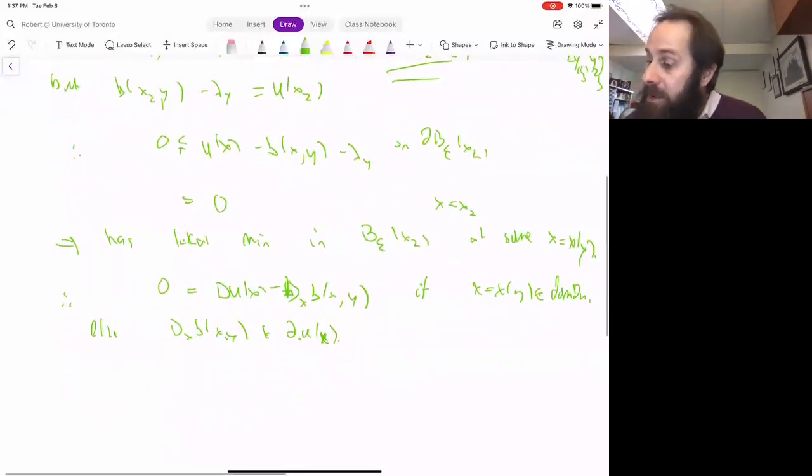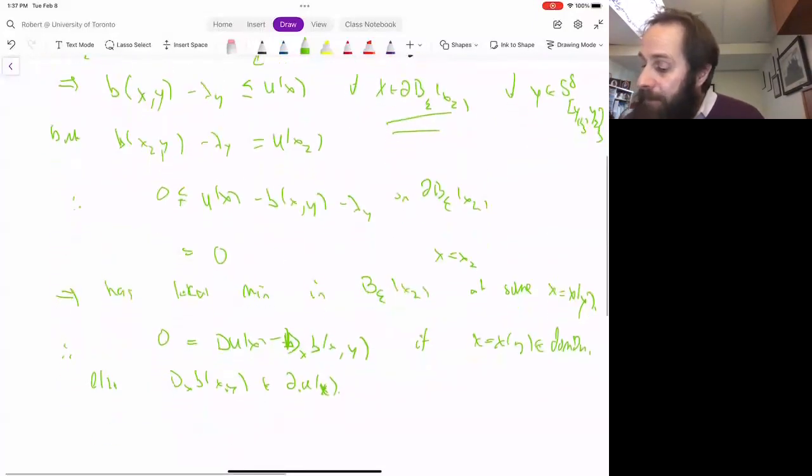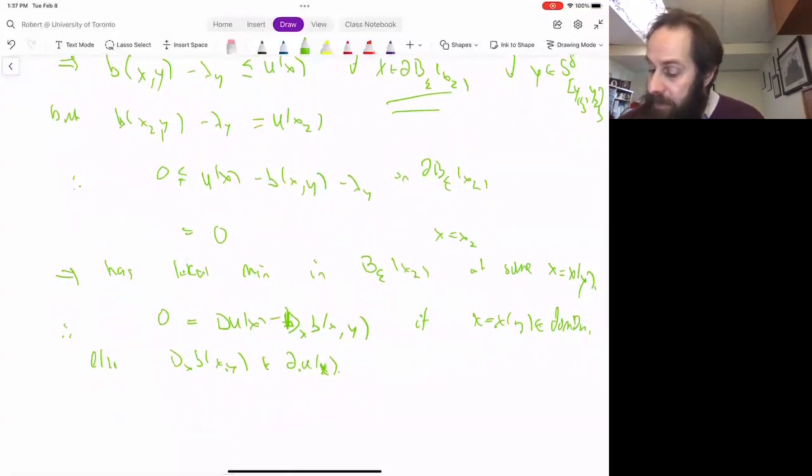And then what I need to conclude the argument is that the mapping G at x really should map to y. And for that to be true, what I really want is that xy actually belongs to the b subdifferential.